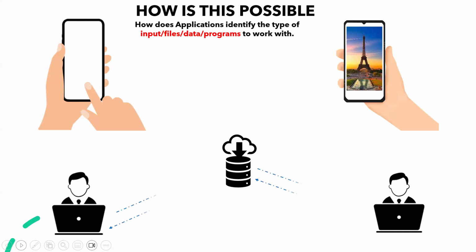Now, the question you ask yourself is, what makes this possible? This is just a short distance exchange of information. It can happen over long distances using the internet and the cloud, but it doesn't change anything. The distance might differ, but the principle remains the same.